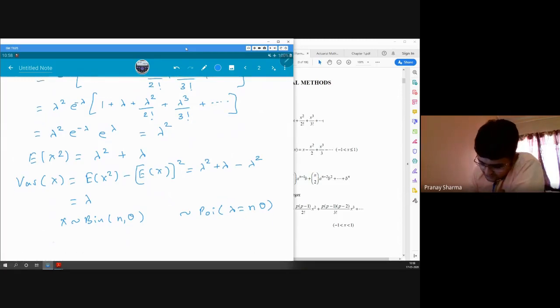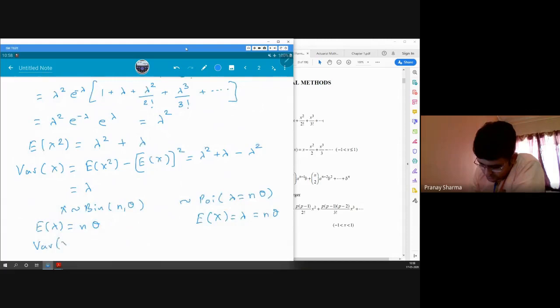Expected value for binomial was n theta, and here expected value is lambda, that is also n theta. So that works out. But variance for binomial distribution was n theta into 1 minus theta, whereas variance for Poisson distribution is still lambda, that is n theta.